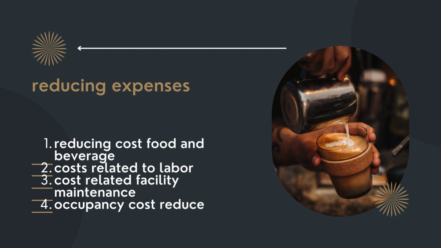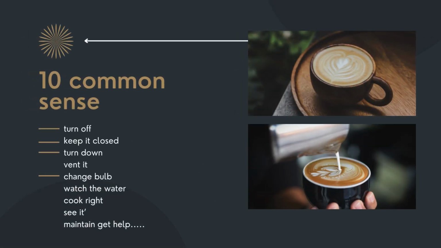Then we have the 10 common sense, which are on the different levels of common sense, like turning off all the lights, keep it closed, especially when it's turned on, turn down the area, meaning that you need to clean and turn down everything, the ventilation, you need to make sure that everything is closed, change the bulb, watch the water in order to avoid any spills, cook rightly in order to make sure that no surplus or overage.